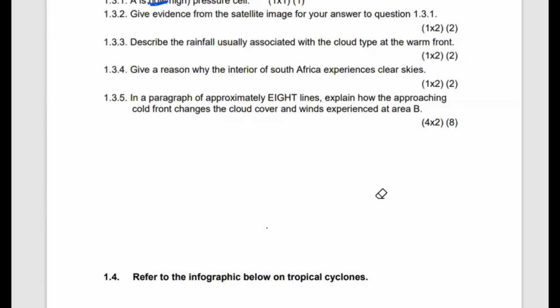So I will start with cloud cover. Right. What is going to happen to cloud cover? The first thing that we need to look at here is there will be rapid upliftment of warm moist air.